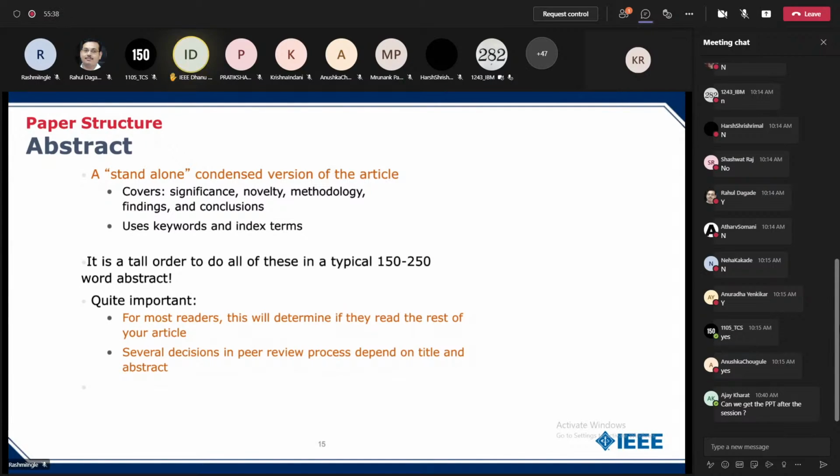This is very important because this will determine whether the user should go forward and read the complete article or not. So if you want the reader to really read your article, make the abstract good. Of course, your article is really good, but how to invite people to read your article is also very important. So this is very important as well.